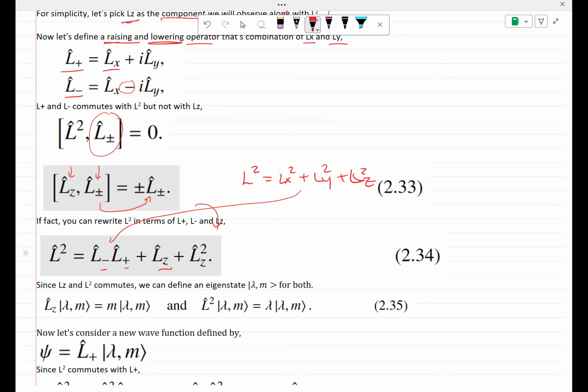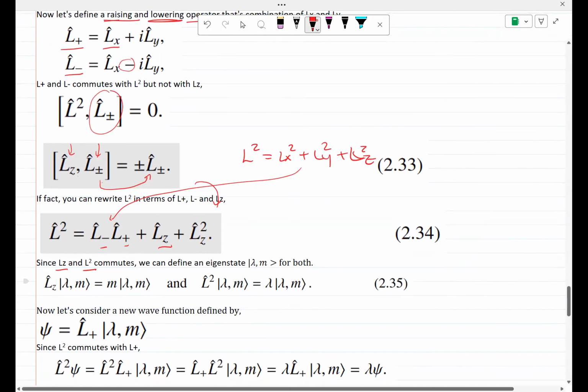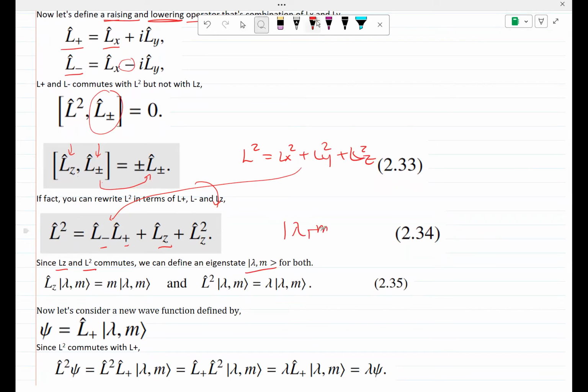The useful thing, once again, going back to this commutation relation, is that whether or not something commutes is important. Since Lz and L square commute with each other, we can define some eigenstate. I'm going to write it out like this, where we define the variable for the eigenvalue for L square as lambda.